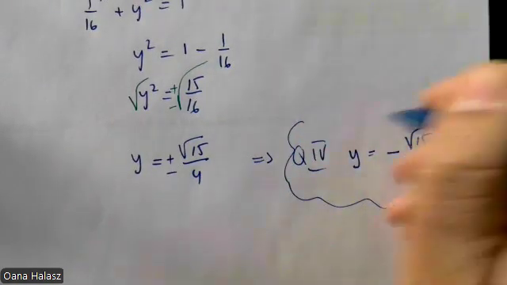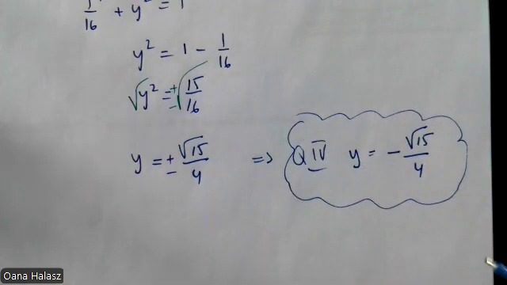If the question didn't tell us that it's in quadrant 4, then we would have to say, okay, in quadrant 4 it is negative, in quadrant 3 also negative, in quadrant 2 positive, right? So kind of go around and put all possibilities. Not in quadrant 2 or 3, just in 1 and 4 because x is positive.